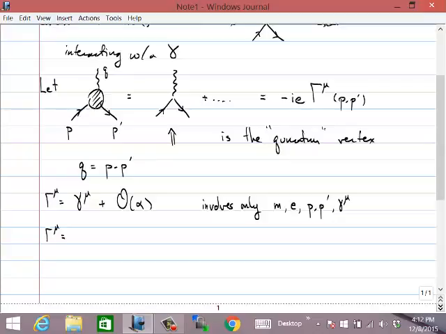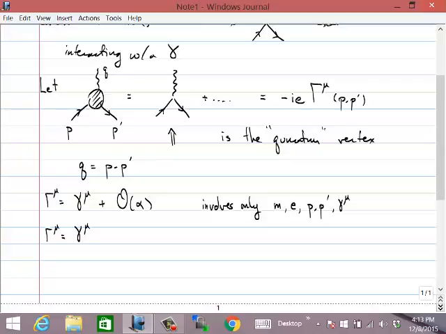And just on general grounds, those are the only quantities that enter the problem, so the answer must be a function of those. And if you think about it, there are only 3 possible 4-vectors that you could build out of these quantities. So gamma mu is a 4-vector.